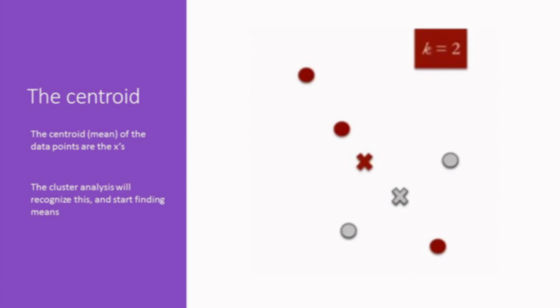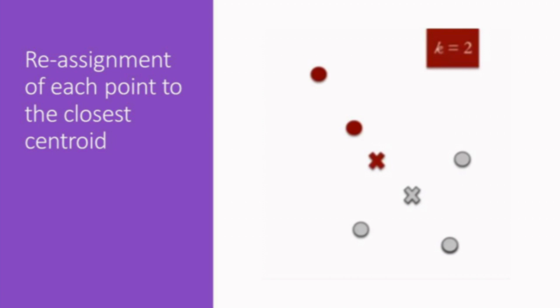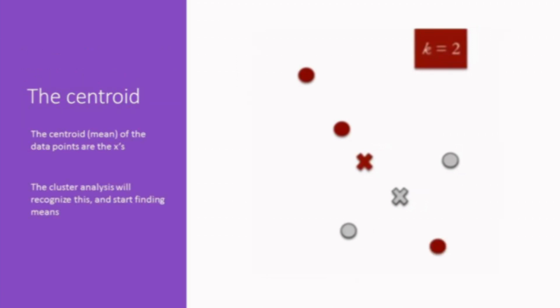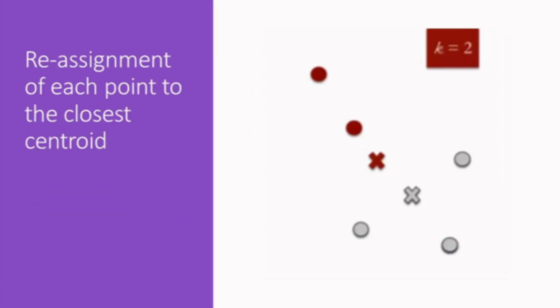Let's keep going. Now, as you can see here, there's been a reassignment of each point to the closest centroid. So if we go back one slide, just look at what we have here. We had 3 red dots and a red X. Let's go to the next slide. As you can see here, that last data point is now gray.